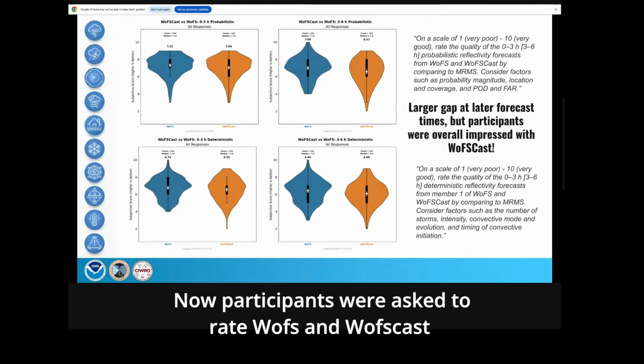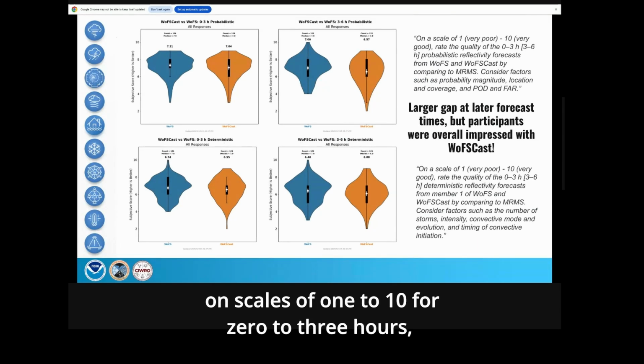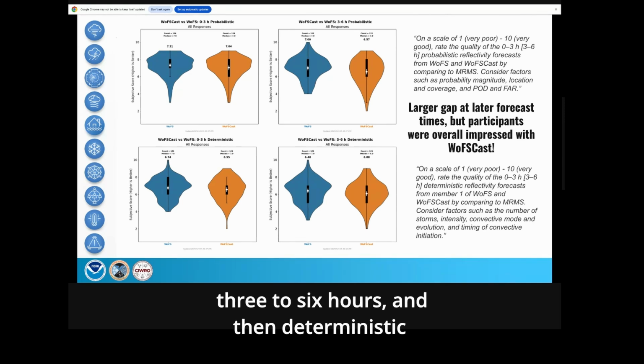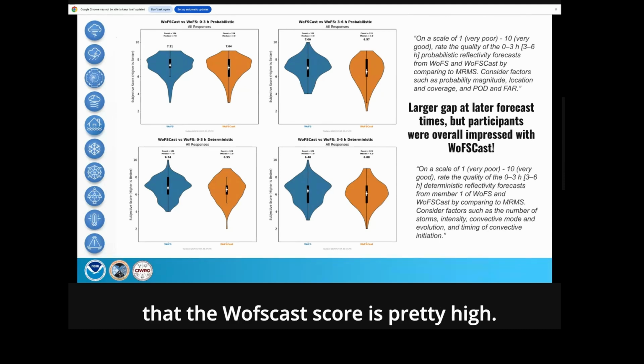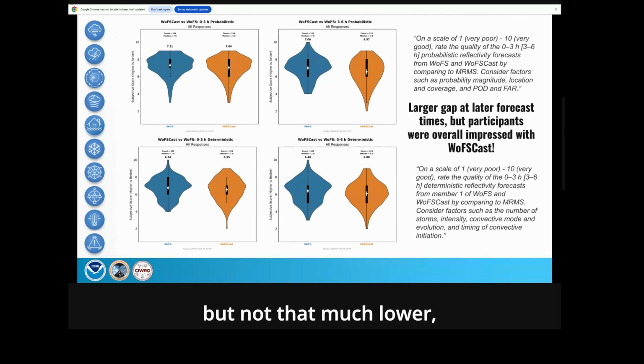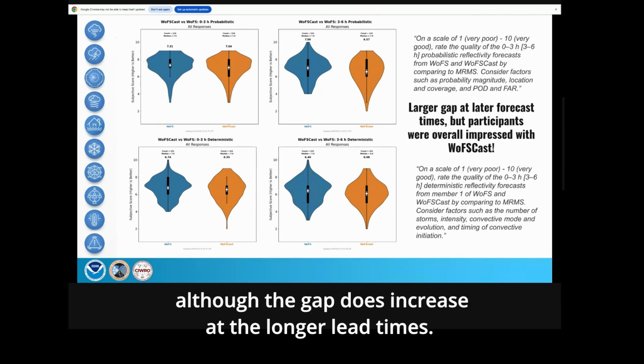Now, participants were asked to rate WoFS and WoFSCast on scales of 1 to 10 for 0 to 3 hours, 3 to 6 hours, and then deterministic and probabilistic. So the main takeaways are first that the WoFSCast scores pretty high. It's lower than the WoFS as expected, but not that much lower, although the gap does increase at the longer lead times.